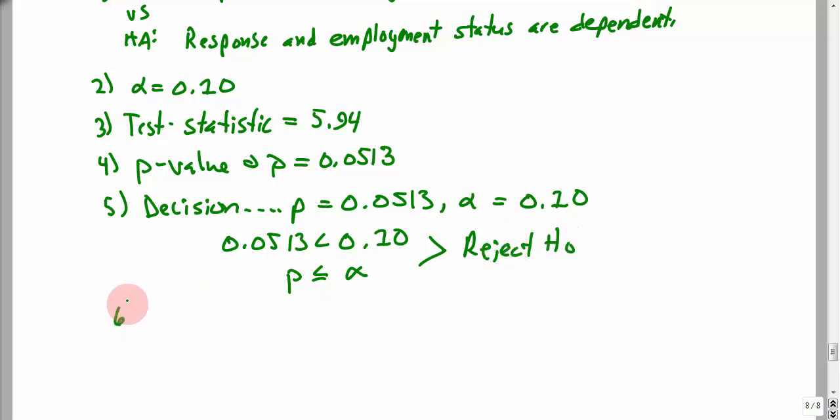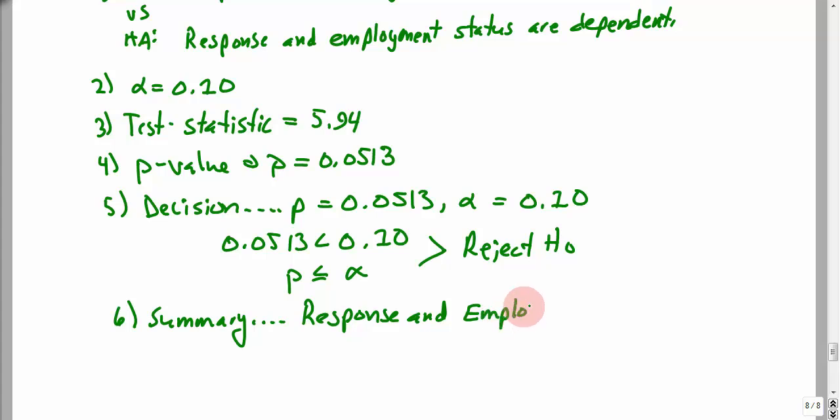So my summary, I think I called it a conclusion last time, we'll call it a summary, is that because I rejected H0, I have support for this: response and employment status are dependent.